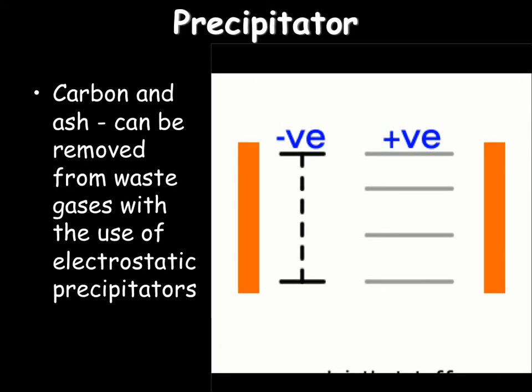Now, one of the things mentioned is this thing called a precipitator. This is where you have very fine wires called corona wires. Yes, I know, ironic. Corona wires here. And they have enormous electric fields around them. Now, smoke comes out of a chimney and blows through these wires.